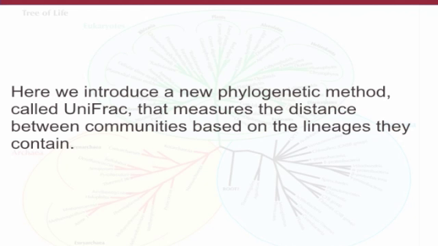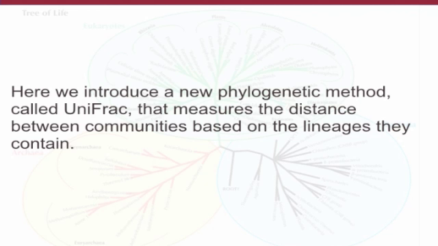Whereas if A, B, and C all came from the same environment, then you would highlight all of the unique branching nodes going to A, B, and C, because that is unique to that environment.